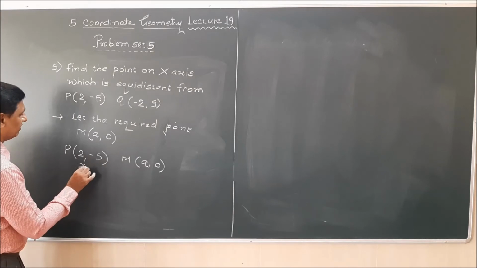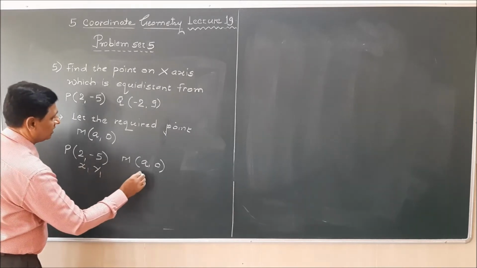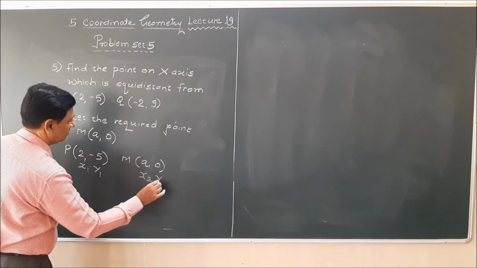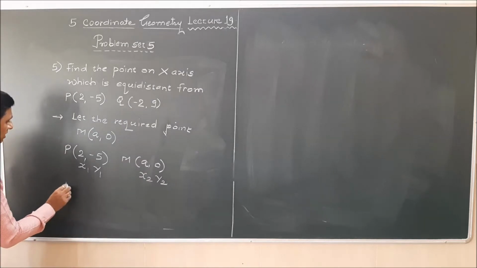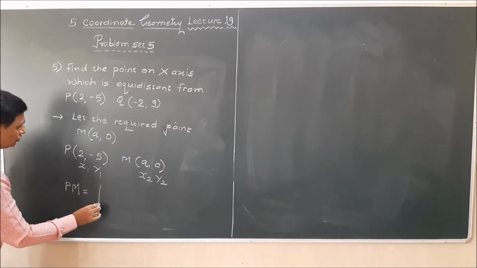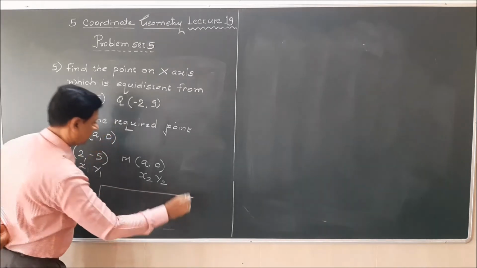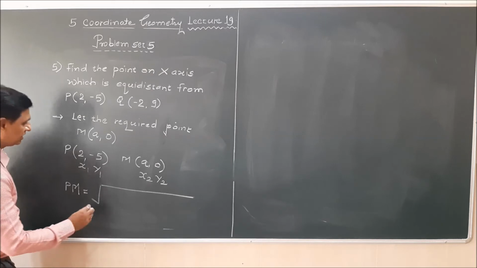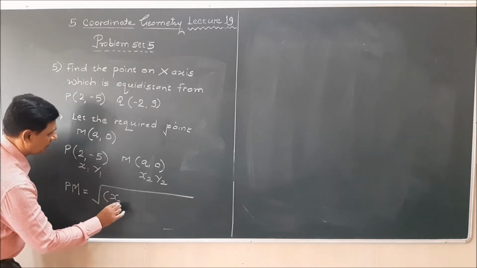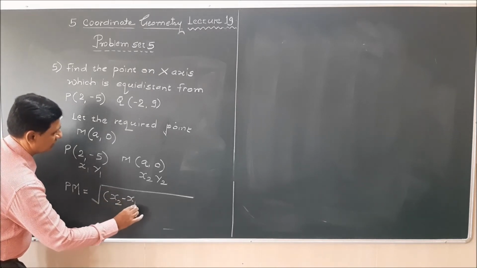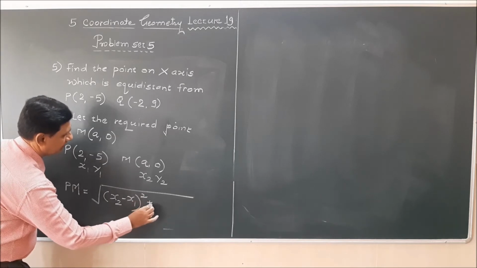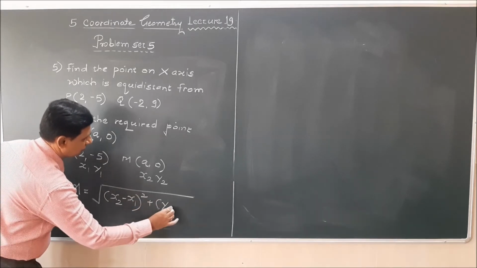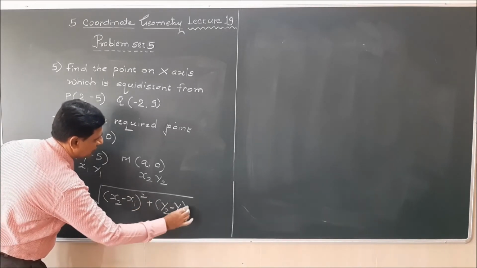So x1 y1, x2 y2. PM is equal to root of, by distance formula, x2 minus x1 the whole square plus y2 minus y1 the whole square.